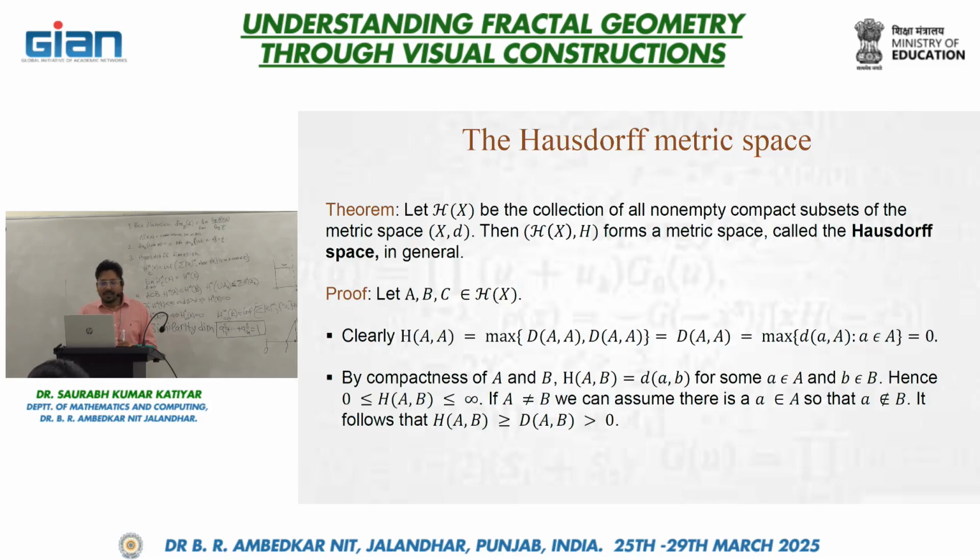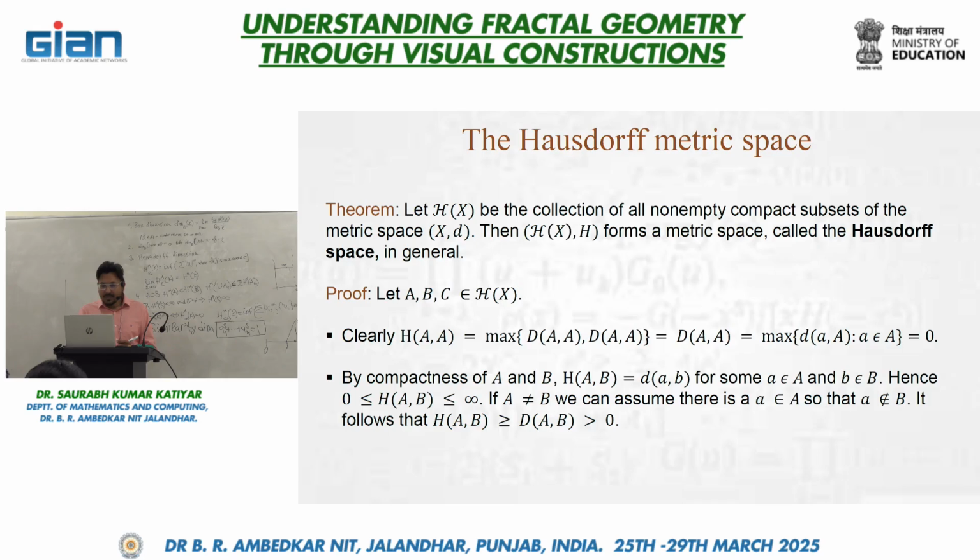So by compactness of A and B, I will give you the reference of Barnsley's book, and I will share that book with you in the group. In that he has mentioned several properties. So one property is h(A, B) is equal to d(a, b) for some a belonging to capital A and b belonging to capital B. So that means h(A, B) will lie between 0 and infinity.